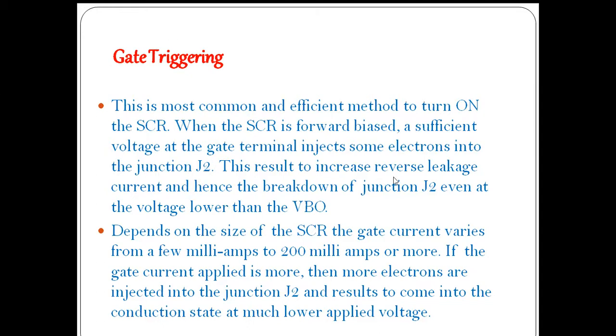So this results in increasing reverse leakage current and hence the breakdown of junction J2 even at a voltage which is lower than breakover voltage. So this method is called gate triggering.